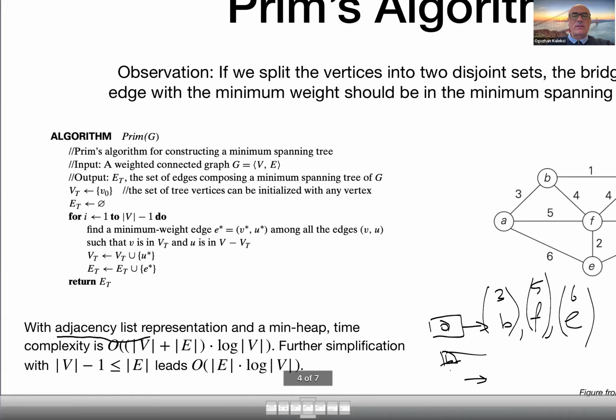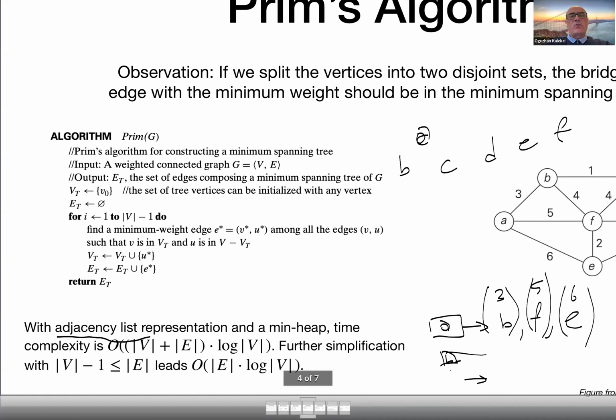So this is the adjacency list representation, and I will create a min heap data structure. This min heap will contain all the vertices, so A, B, C, D, E, and F.